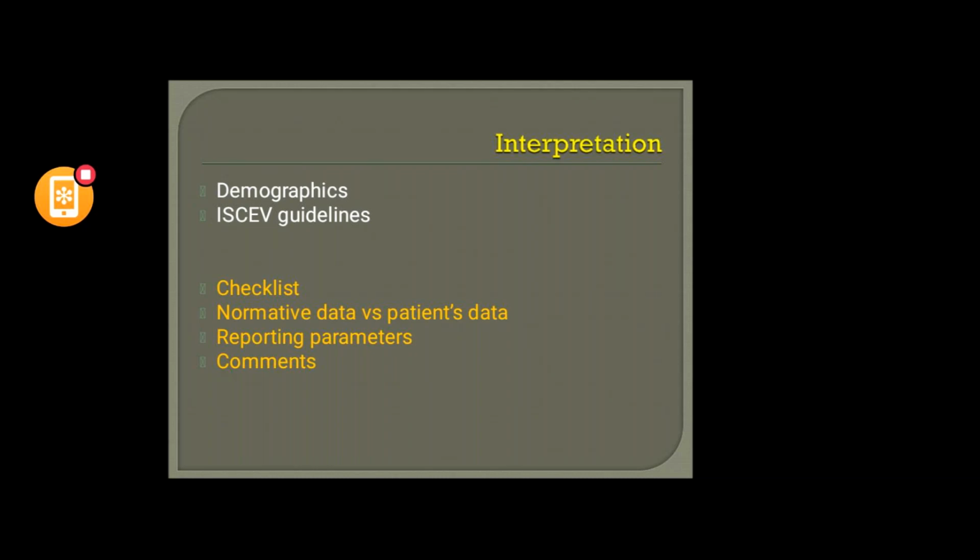So what you have to do is extract the components from ISCEV and channelize your proper interpretation. While you are interpreting, you must keep in mind the important points. The first point is the demographics. Demographics hint at the age of the patient, the gender of the patient, and the occupation and ethnicity of the patient.